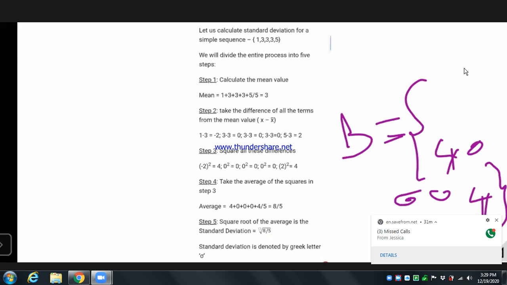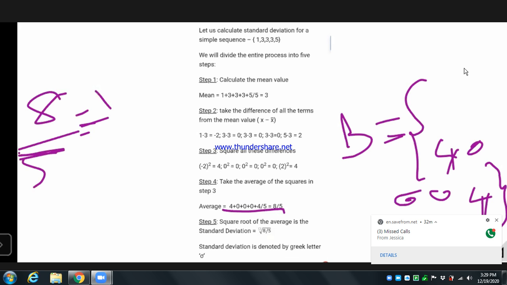After getting this set, we calculate the mean of this set. We add these values, and since there are 5 values, we divide by 5. We get 8 by 5. This 8 by 5 is called the variance.